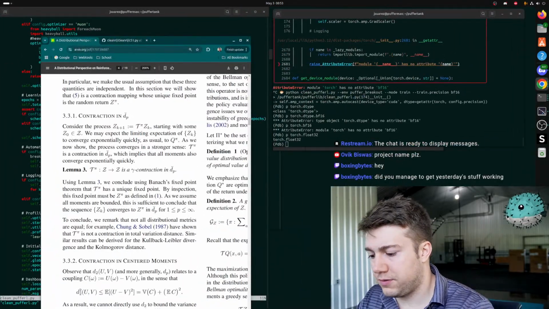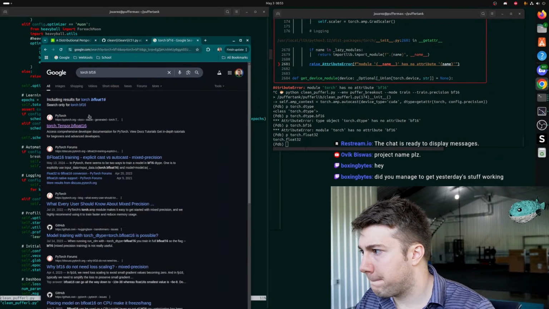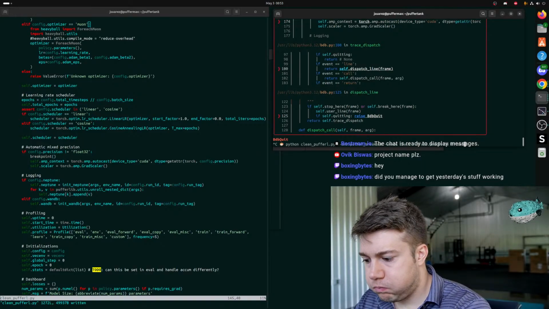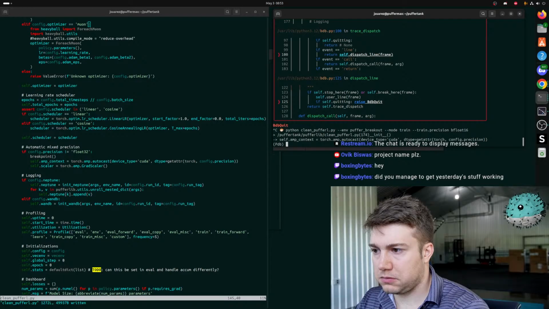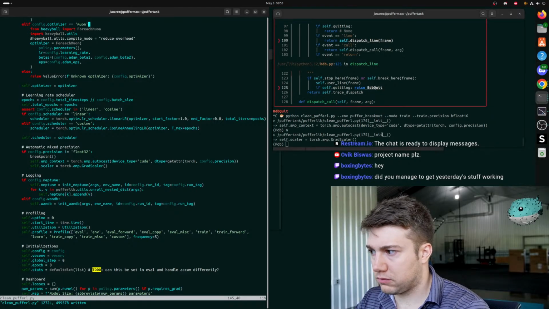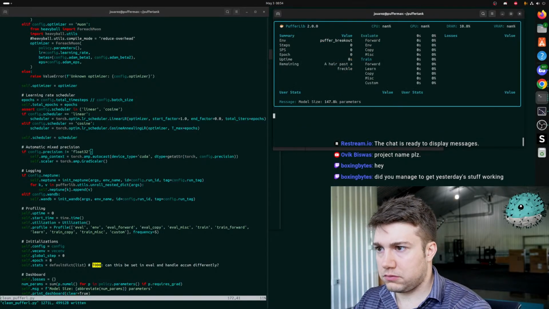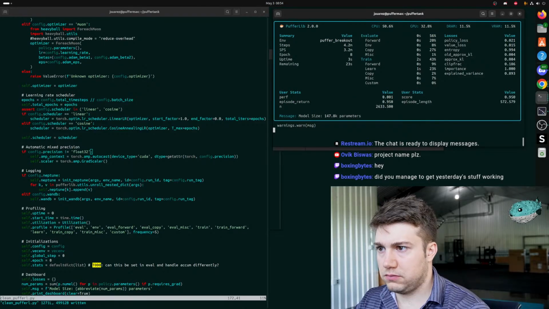Why does this not have this? BFloat16. So this still trains, but did it do anything?